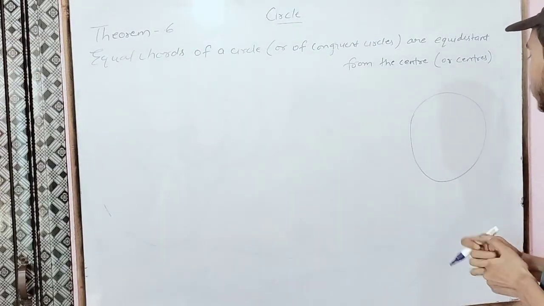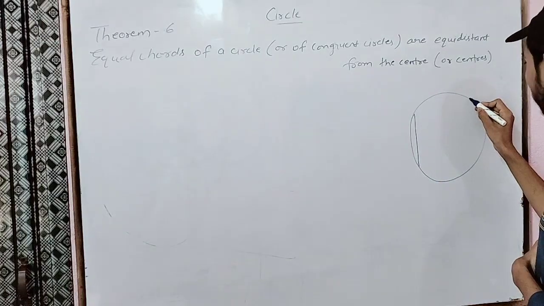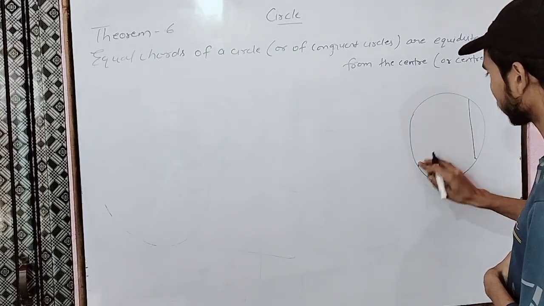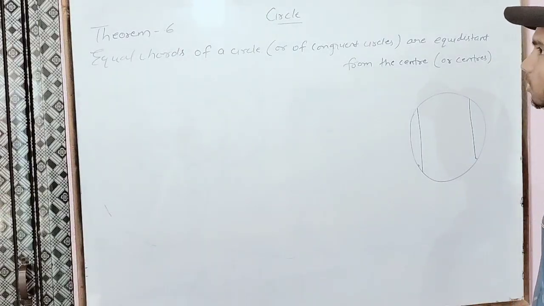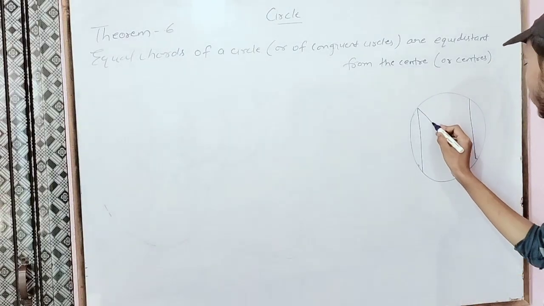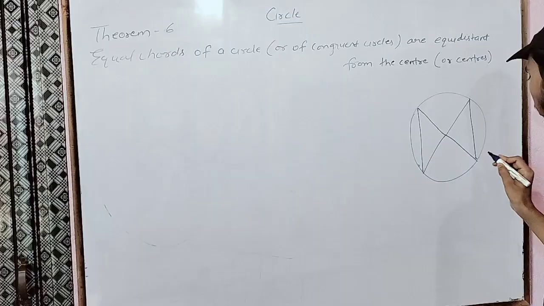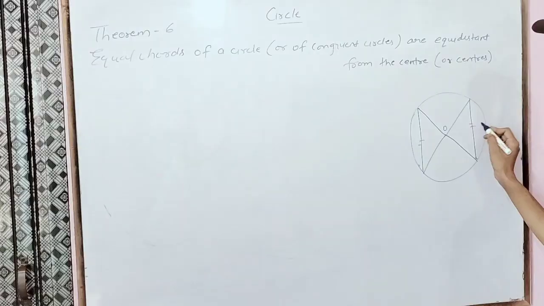Again, same. So there is an equal. This is equal. Clear? Now, equal chords of a circle, a line is coming from the center.